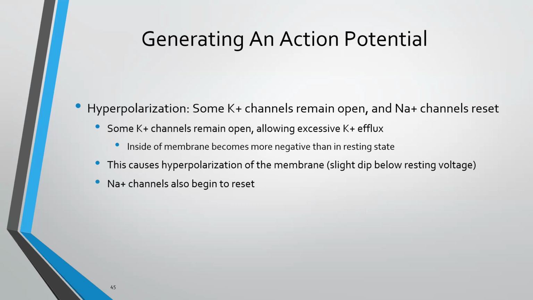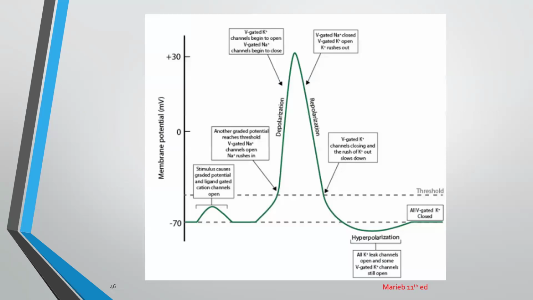During hyperpolarization, the membrane potential becomes more negative than the resting potential due to continued potassium ion outflow. So it kind of overdoes it a little bit. And this is how we can see on the chart how it goes from -70.